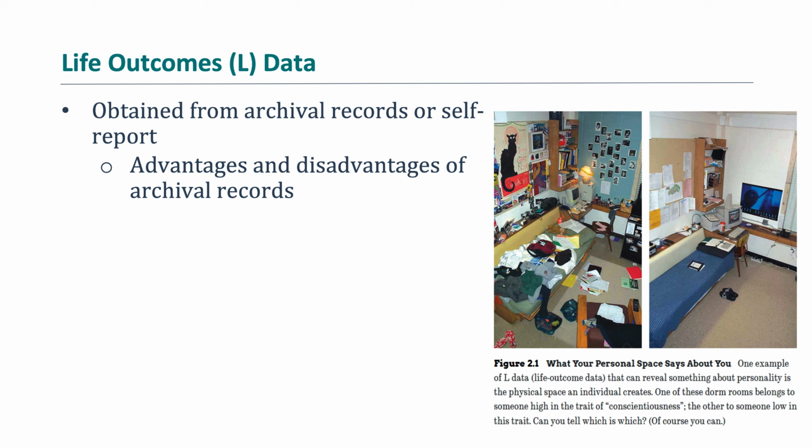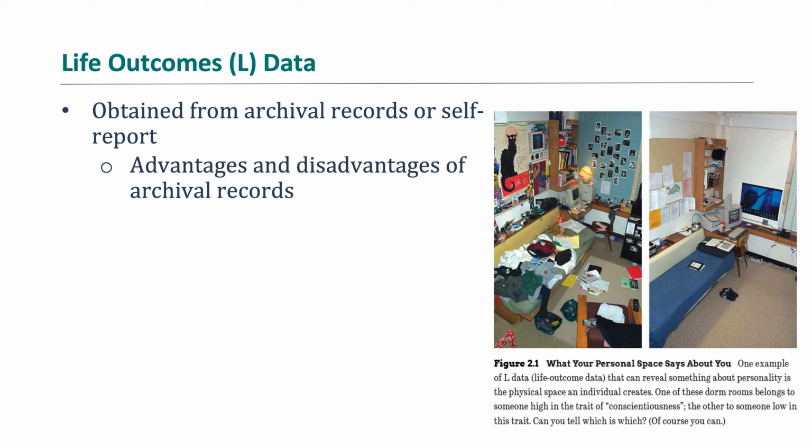For example, it might be difficult to access, or use of this information might violate some sort of privacy, and so there's some disadvantages here too. But the good part about this is it's the result of your personality oftentimes, right?